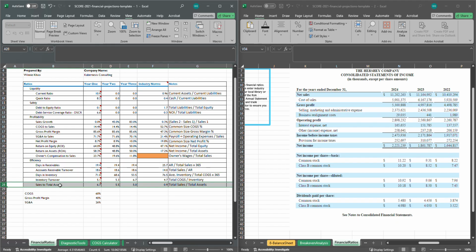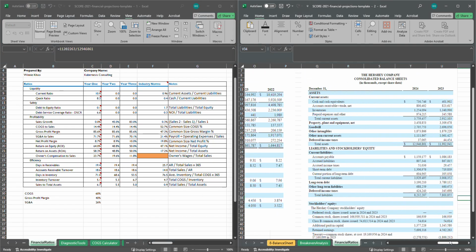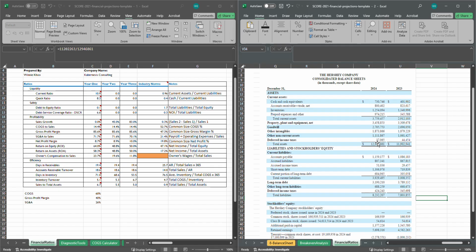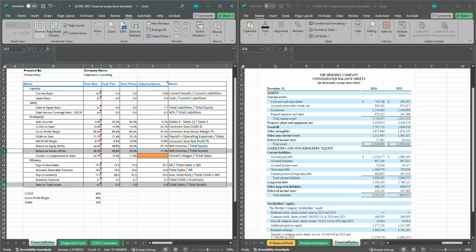And now looking at the very last ratio, we've got sales to total assets. We've got the total sales number here, which is 11.2, over total assets, which is 12.9. Again, it's the same comment as return on assets.